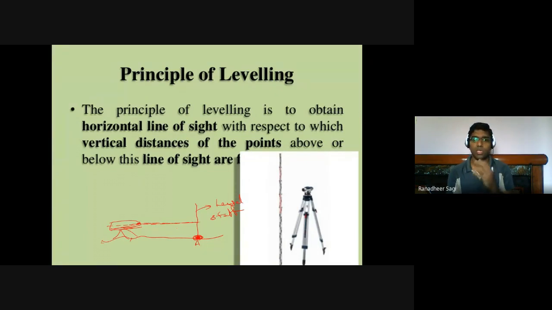Whatever it could be, for doing any of it, you should know the elevations of those various points existing on the ground, above the ground or below the ground, with respect to which you determine at what elevation to plan your road network, with what elevation to design your railway track, or with what elevation to have your drainage network, so that issues with regard to the design will not be encountered at a later stage.